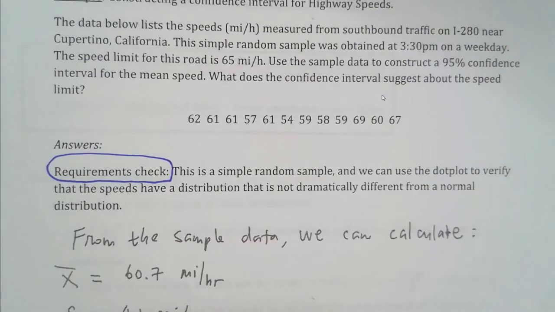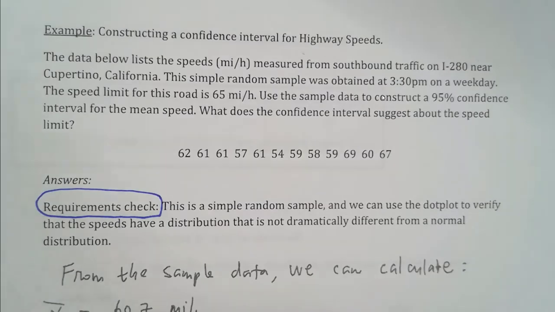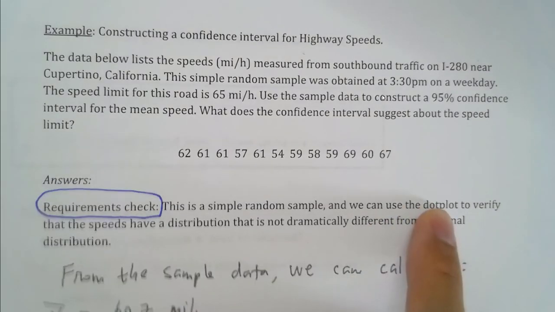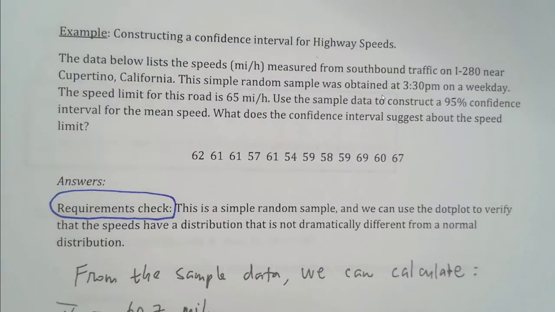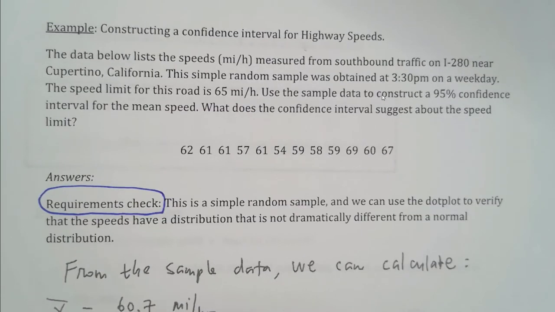So how do we do that? Well, there are a few ways. You can use the dot plot to check, but there's an easier way on the TI-84 that you can do. So let me show you here.